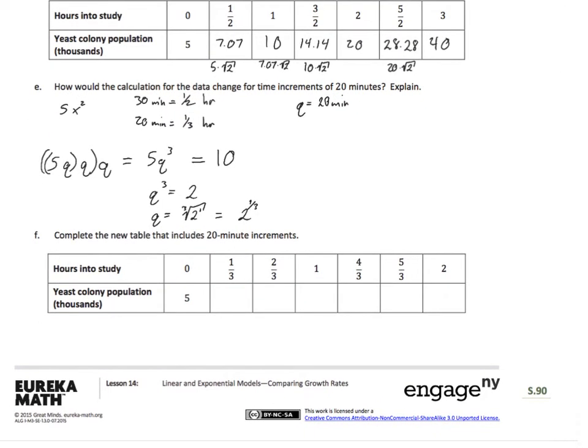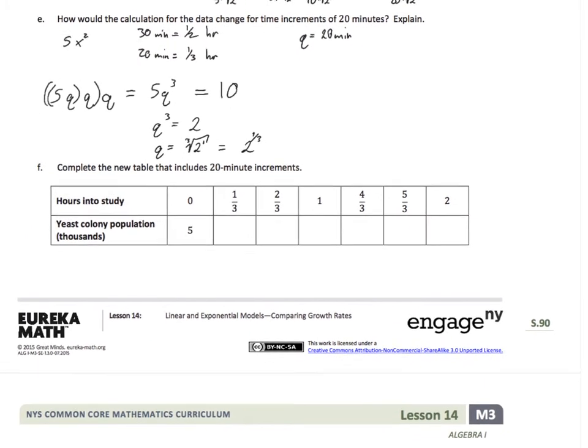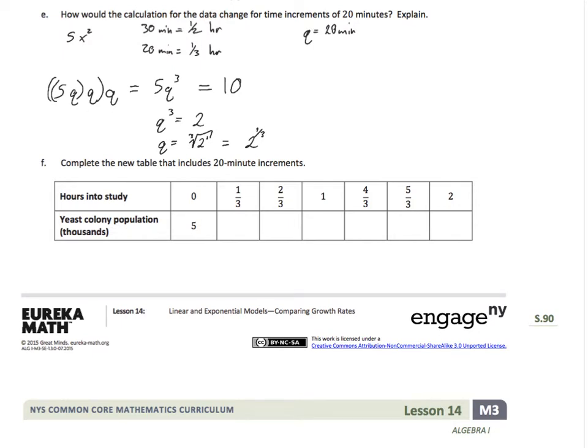You can write it as 2 to the 1/3, or you can write it as the cube root of 2, and either way will be correct. So explain. Well, I believe we've already explained it well enough using our algebra.